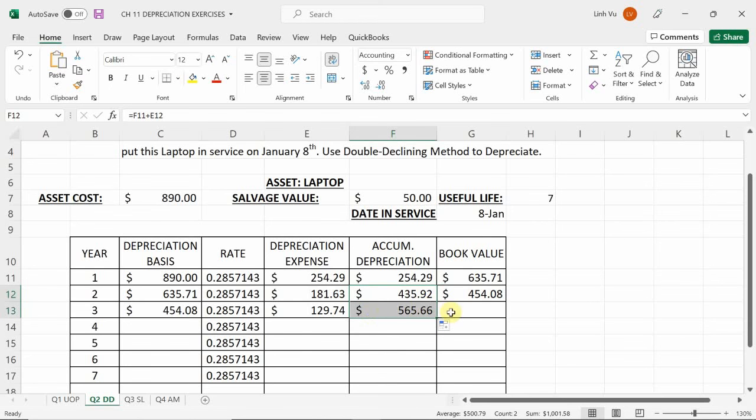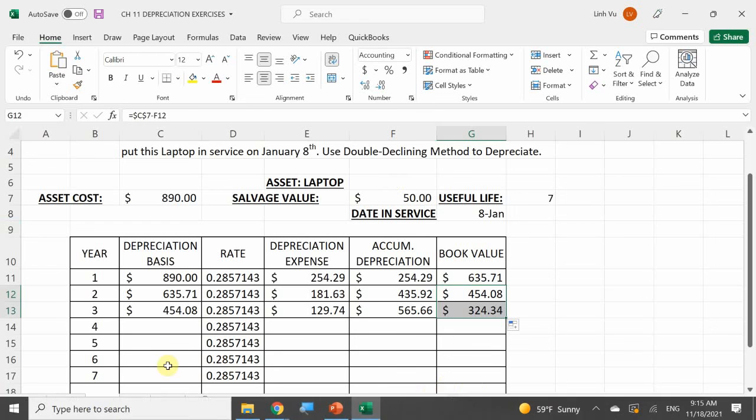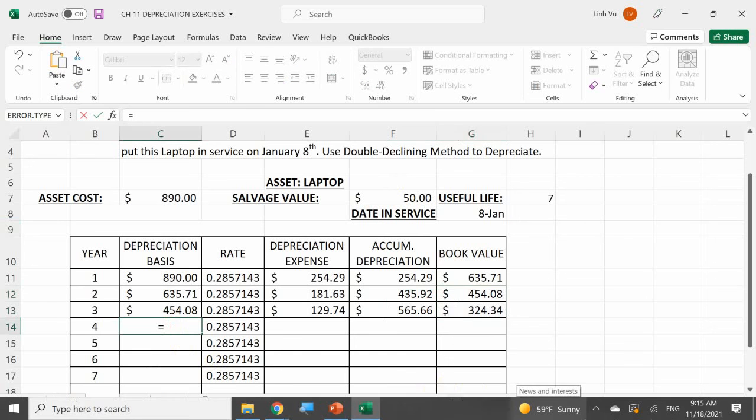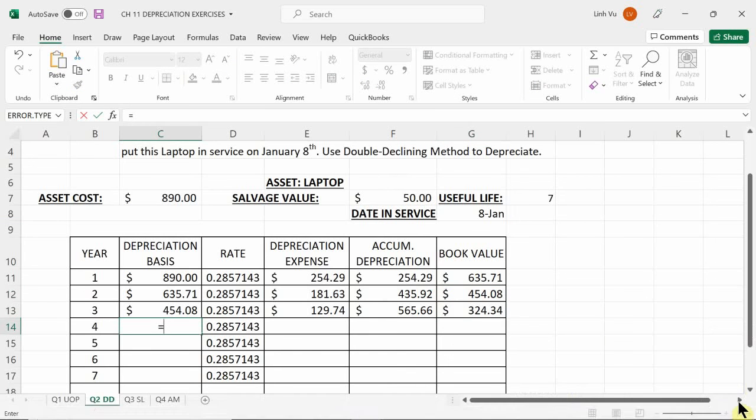Good. Which brings my book value down to 324.34, which becomes my depreciation basis for the following year.